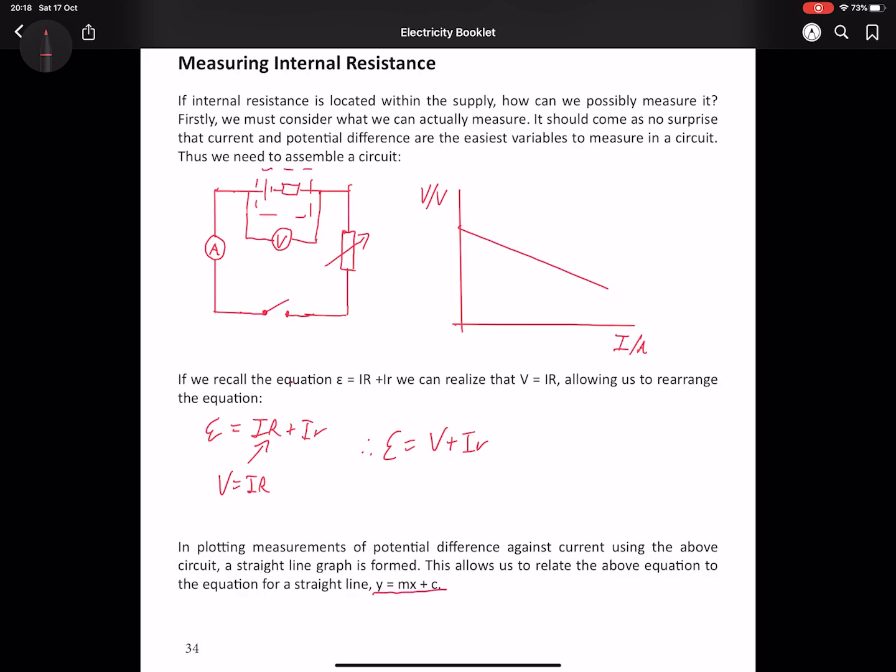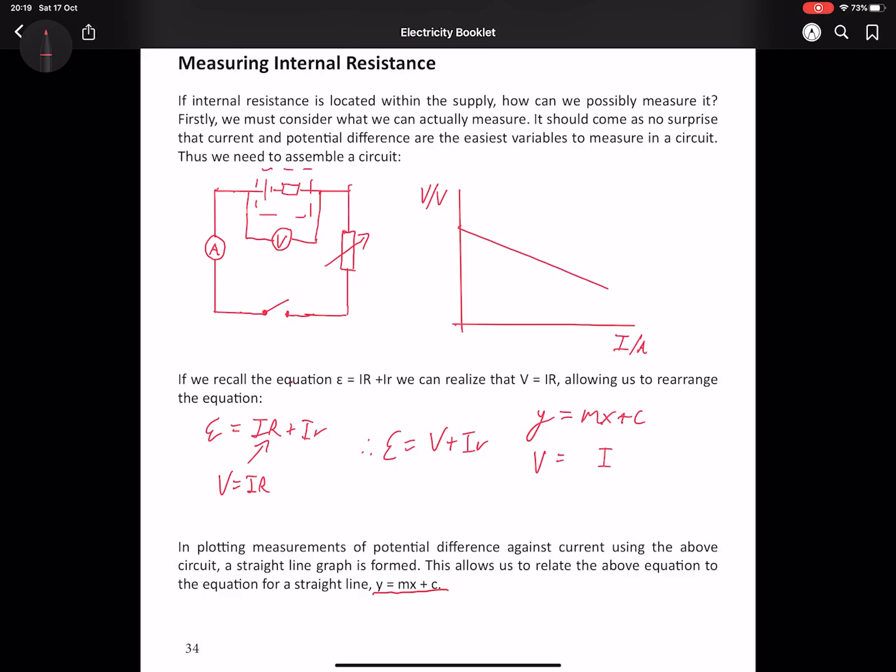Now you might wonder why this is useful, but this is because it allows us to link to y equals mx plus c. As we have a straight line in our graph, we can find things from the gradient and intercept. So let's plug in what we've got.